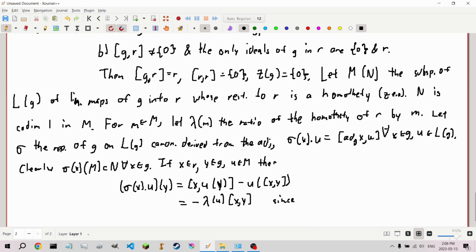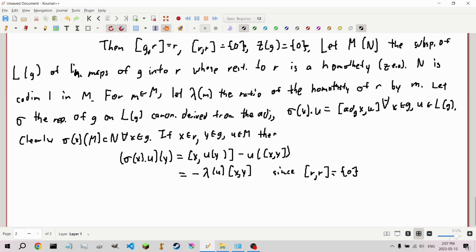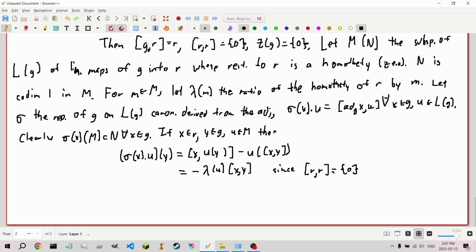That's because x and U of y are both in the radical, and the radical bracket with itself is 0. So this all simplifies down to sigma of x acting on U is equal to the negative of the adjoint of theta U acting on x.